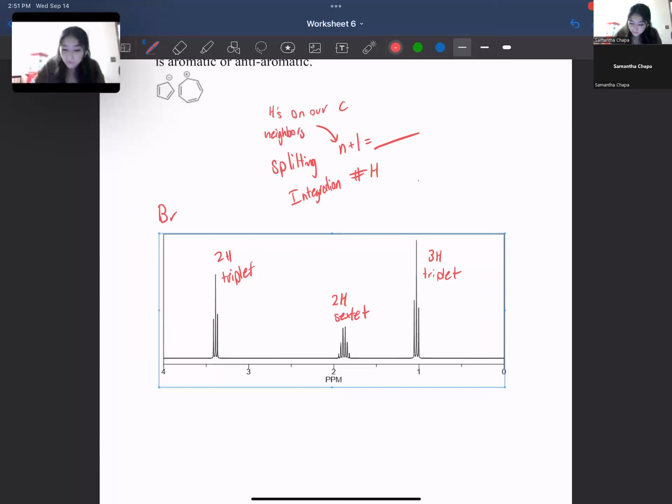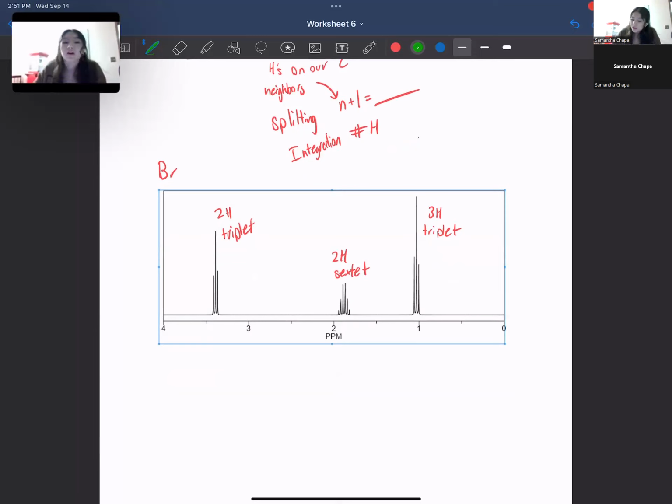Okay, cool. So the first thing that I like to start with on the NMR is I look for something that could be my terminal carbon, which is something that would have 3 hydrogens around it. I'm going to label these carbons A, B, and C. I see that carbon A has 3 hydrogens as an integration, so I'm going to write carbon A with 3 hydrogens around it.